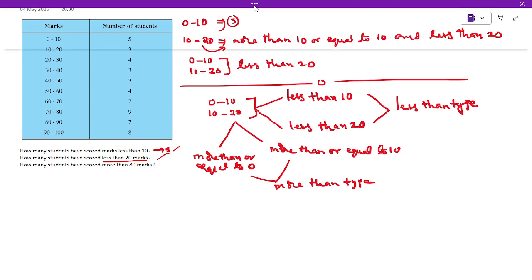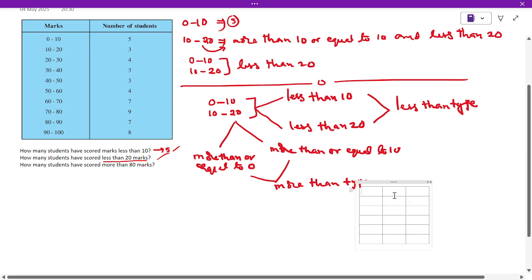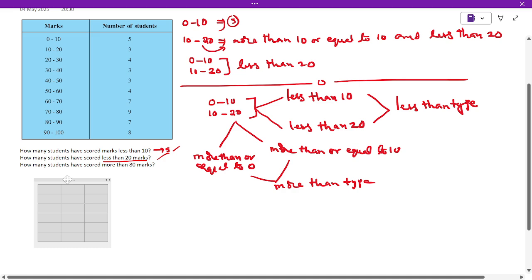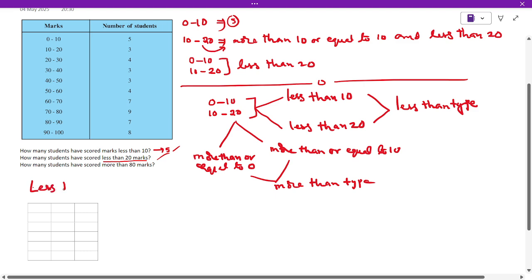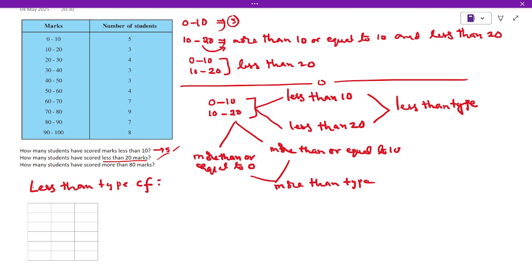So let me insert the table and drag it here. Now let us start with the first one, less than type cumulative frequencies. Here it is very easy to find.